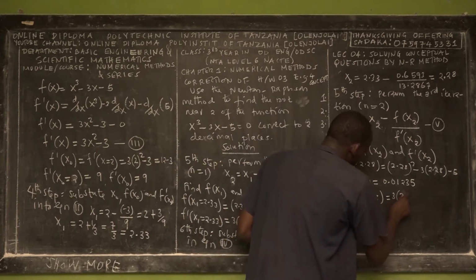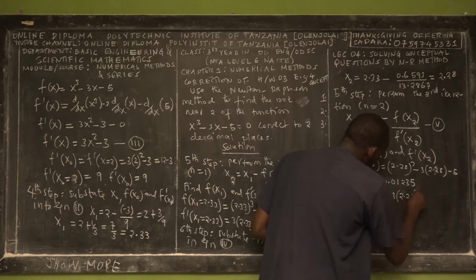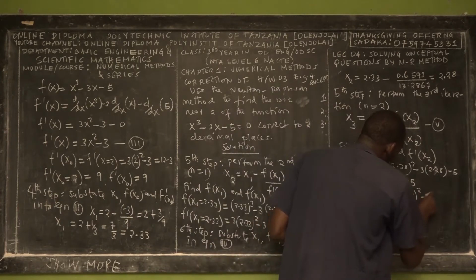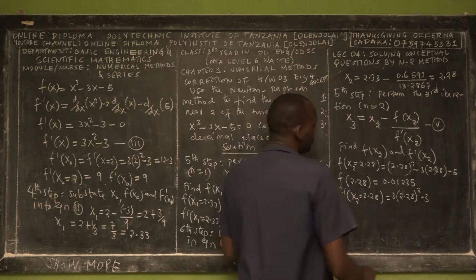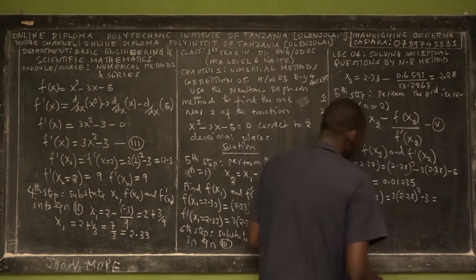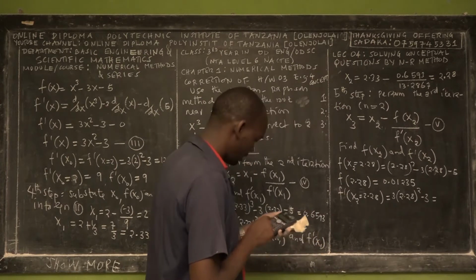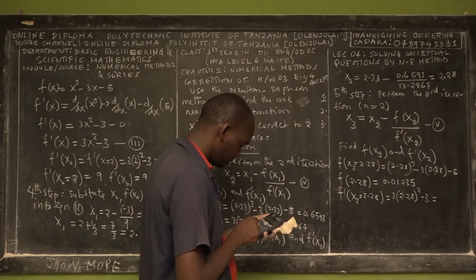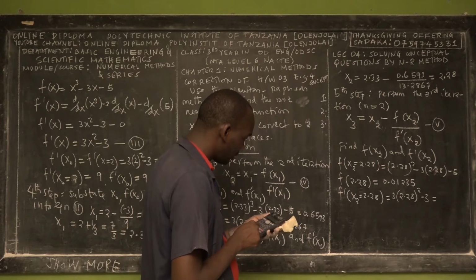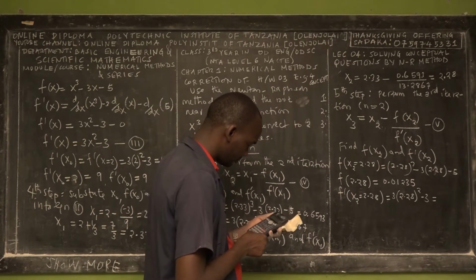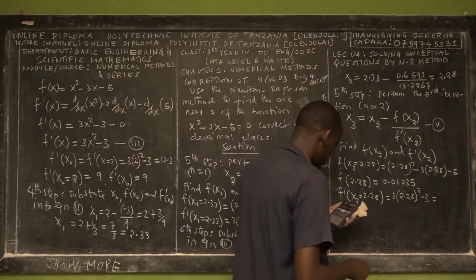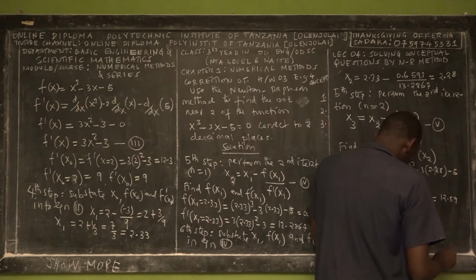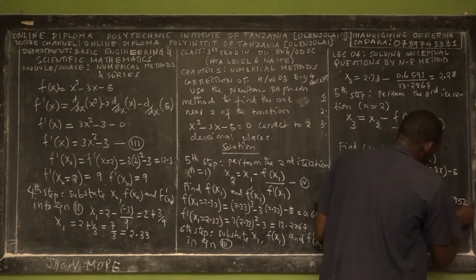So it is 3 times 2.28 squared minus 3. So the response is 12.59. This is the value of the first derivative of the function.